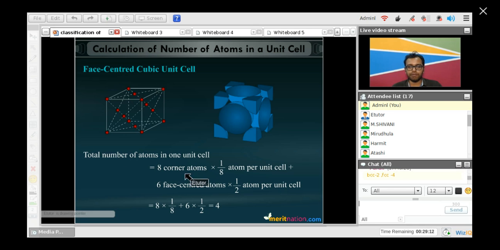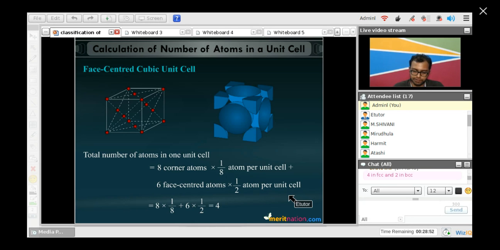Now the number of atoms contributed by atoms present at the face center will be equal to 6 multiplied by 1/2 atom per unit cell, right? So the total number of atoms per unit cell is equal to 4 in this case, right?